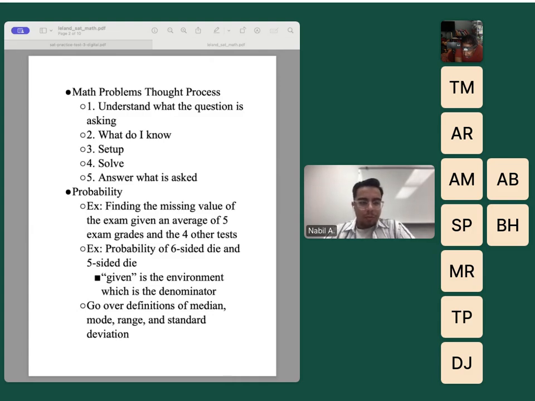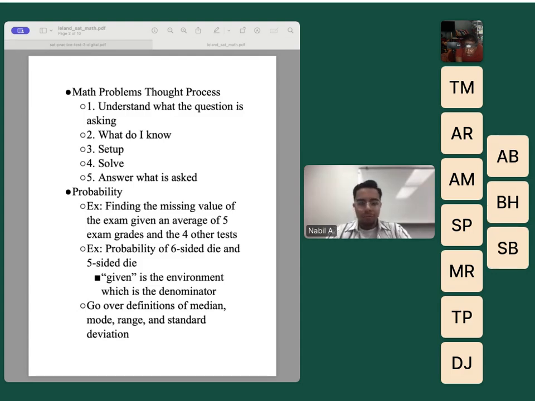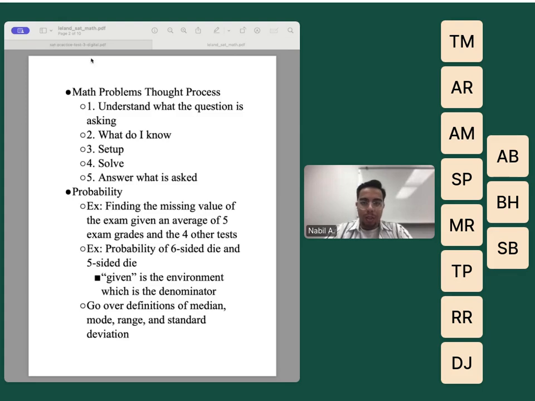Definitely try to make an equation of the 4 exams and the X. So something like this. One sec. I'll try to get a whiteboard going here. For math, usually it's a lot easier to see this visually to really get the concepts down. So I'll get the whiteboard going for this.